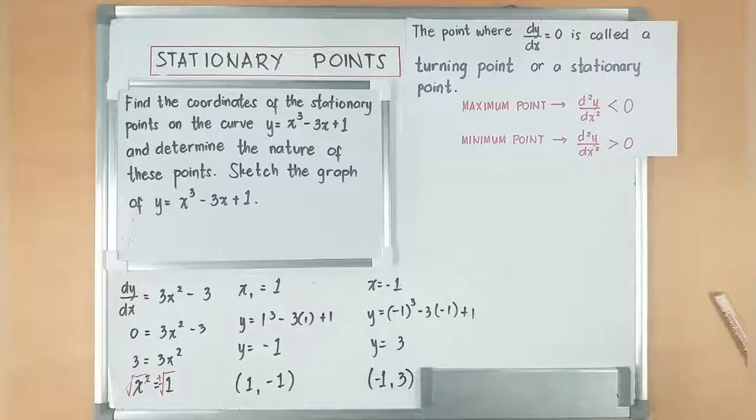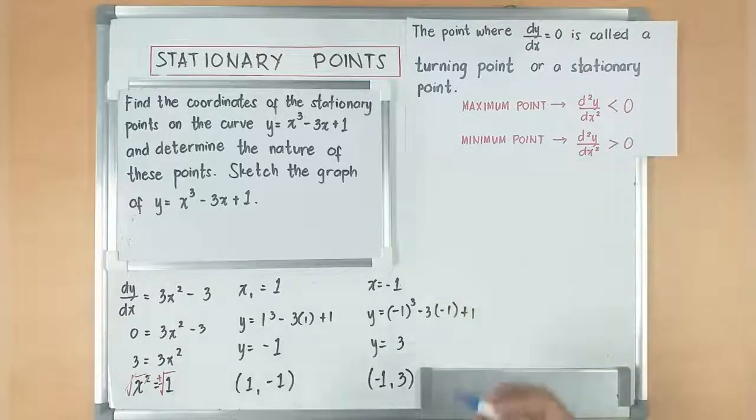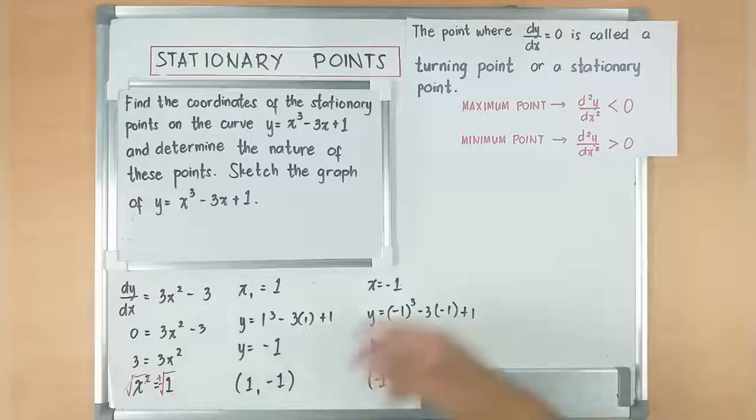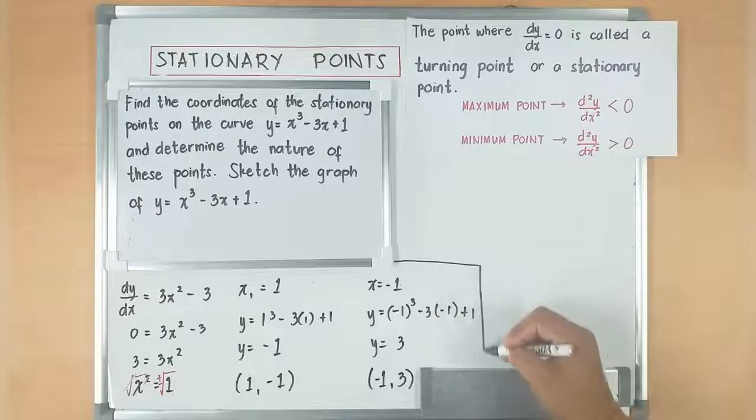Now, how do we know if it is a maximum point or a minimum point? That's another problem. I'll do it with another color so that you will distinguish the first step and second step. So let's say this is the first step, finding the turning point.